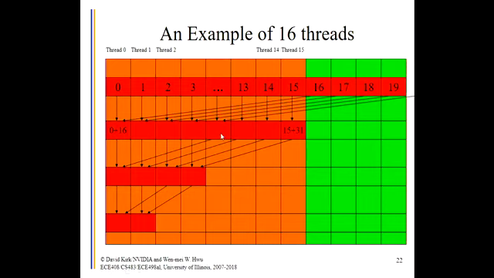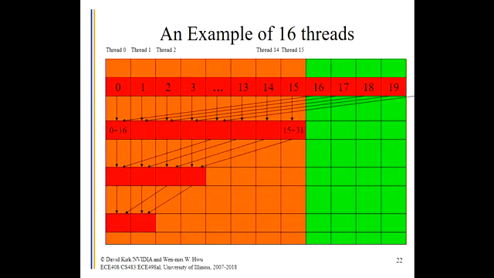So the stride starts with the biggest value, the half of the data size, and then we divide it by half at every step of the way. So the stride value starts with the maximal value, and we halve it in each step.